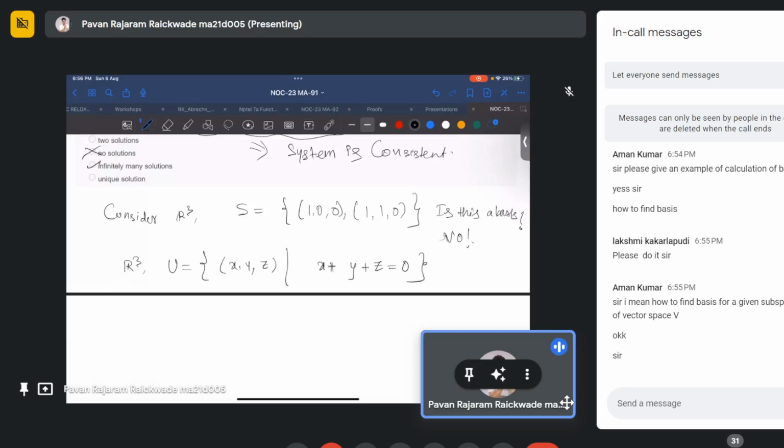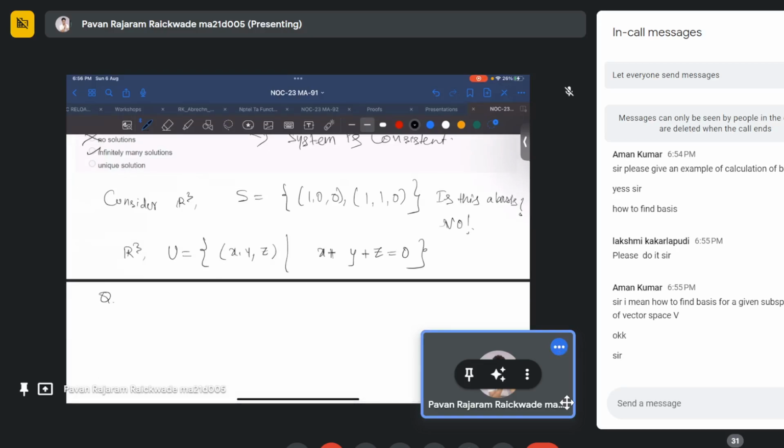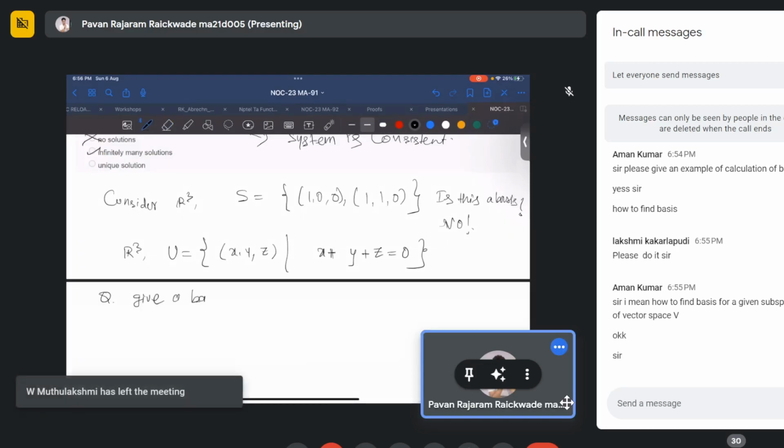Okay, this is a vector subspace, and the question is: give a basis of U.